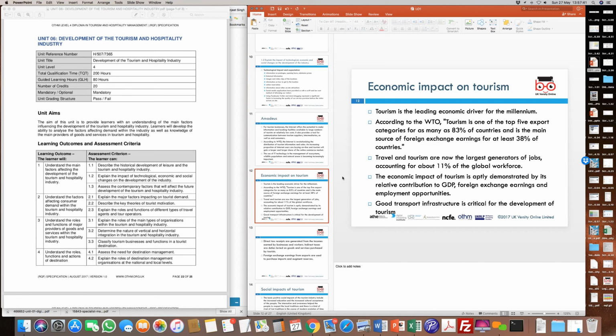And employment, or generation of jobs, is the second most important economic factor, which is what we see as an impact of tourism. So 11% of the global workforce is actually working within the travel and tourism sector, right?